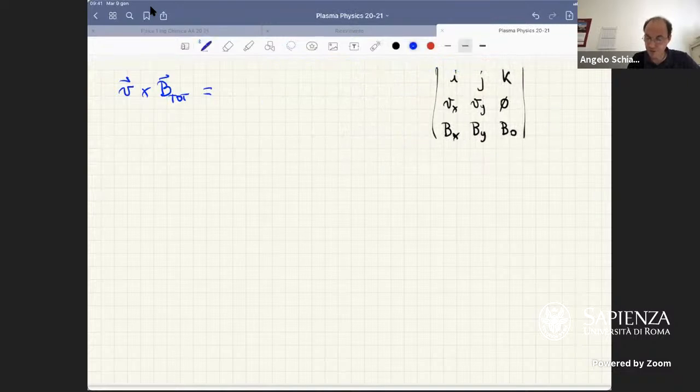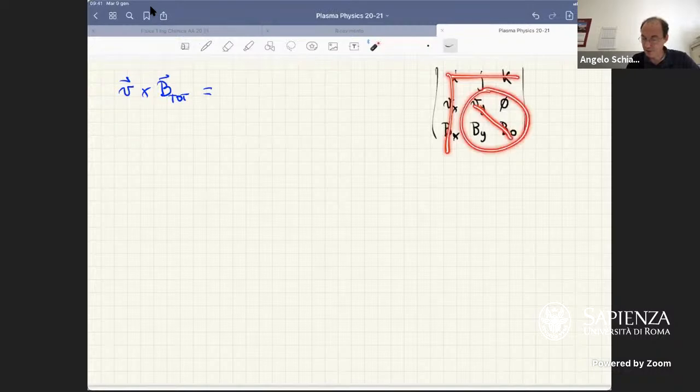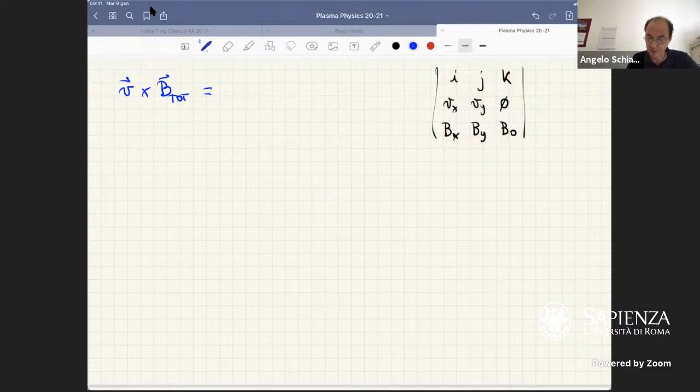So first term is this determinant. So it's Vy times B0. So the X component is going to be Vy B0.